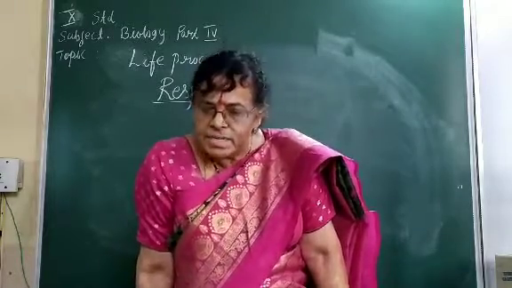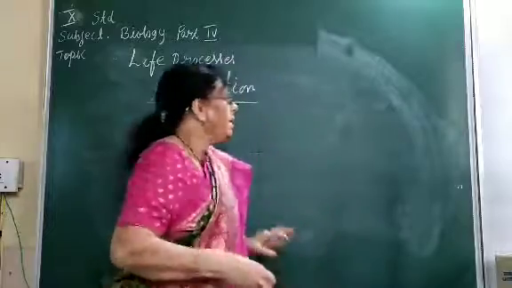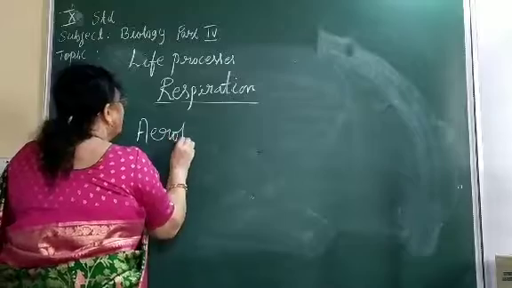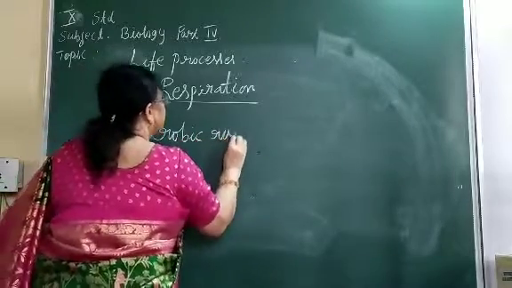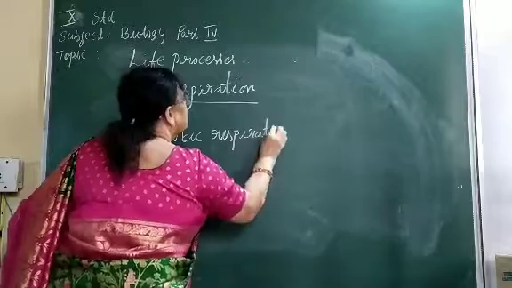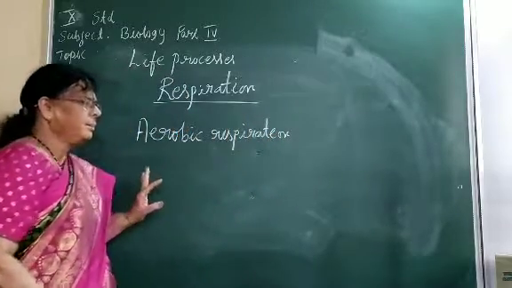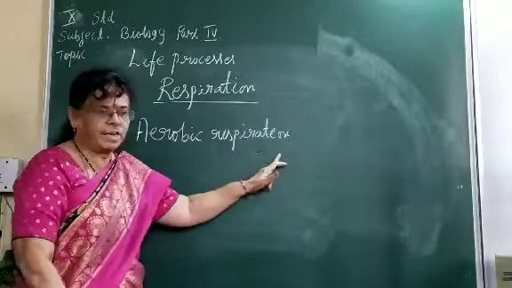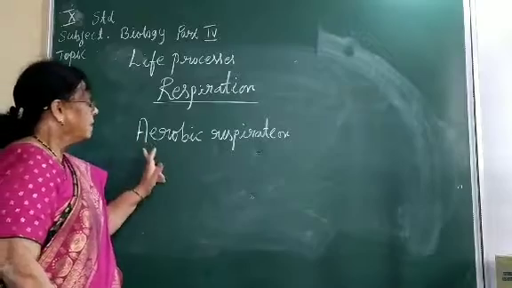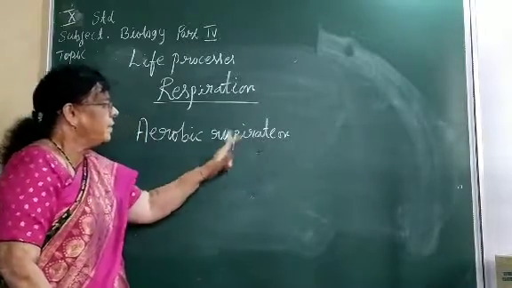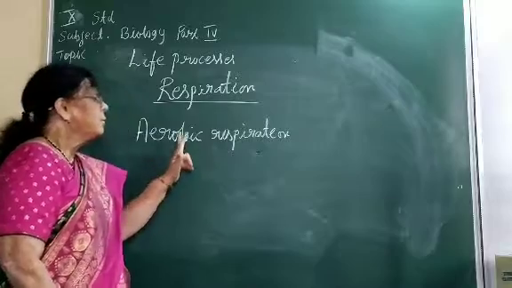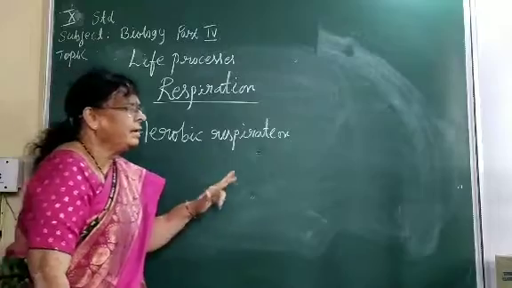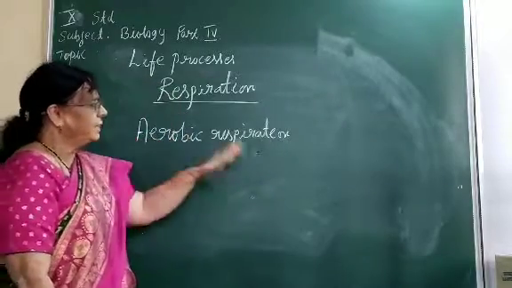When organisms take in oxygen for respiration, this method of respiration is called aerobic respiration. The majority of living organisms respire by aerobic respiration. The products required here for respiration are food substance plus oxygen. Food substance combines with oxygen, then a lot of energy is released.